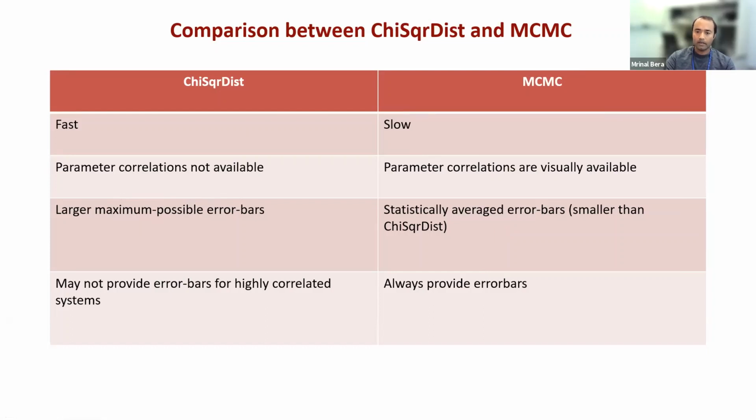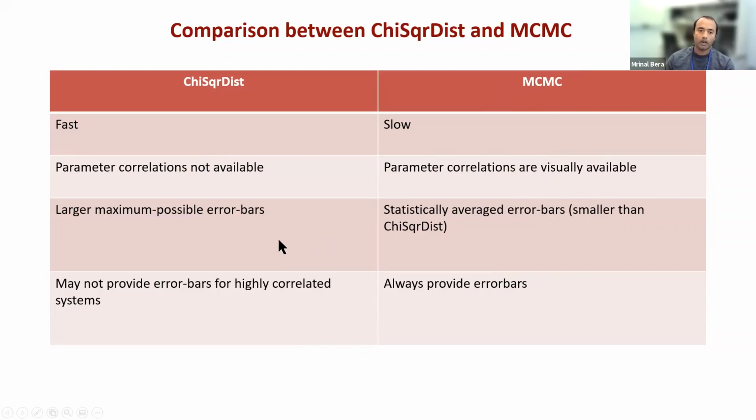I will explain this later, but before that, let me also tell you that for certain parameters that are very highly correlated, this method may not even work, but the MCMC method will always work. So that's why the MCMC method is much more powerful, but of course, it takes more time to calculate. But you will always get some kind of error bar for these parameters.